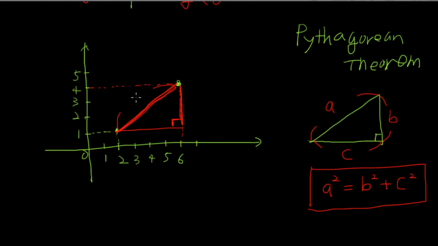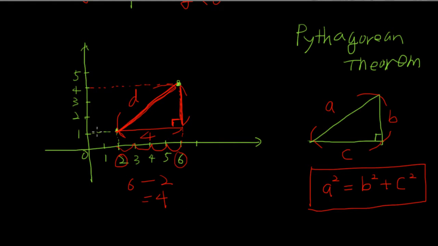Let's call this D for distance, and we need to figure out the length of this side. Well, the length of this side from 2 to 6, 1, 2, 3, 4, so that must be 4. Or you can also do 6 minus 2, that's equal to 4.